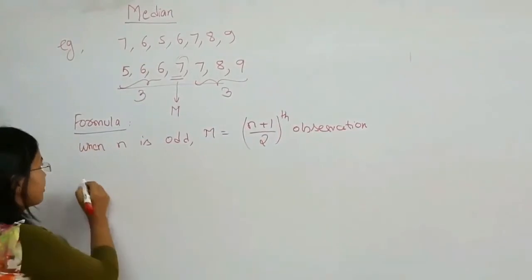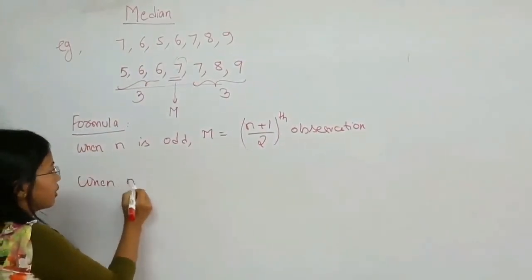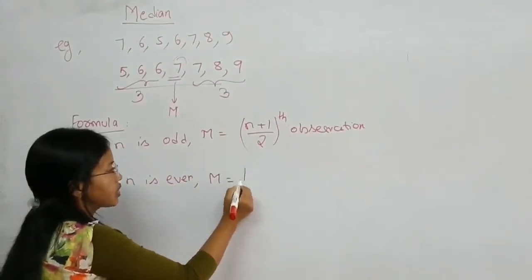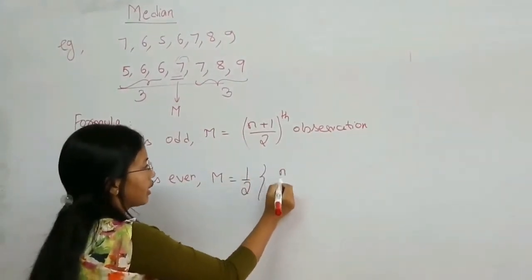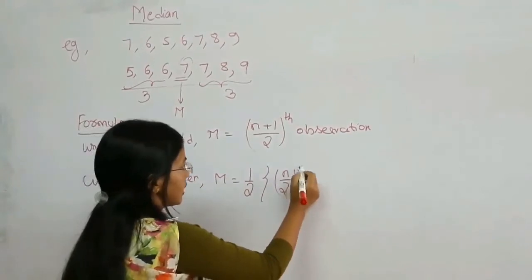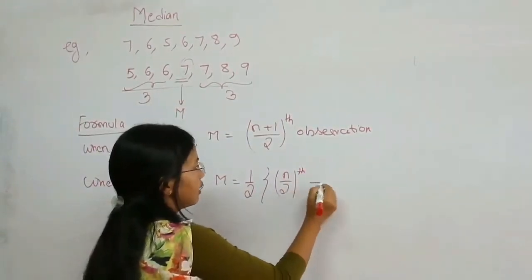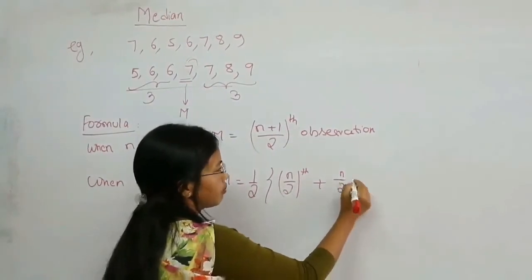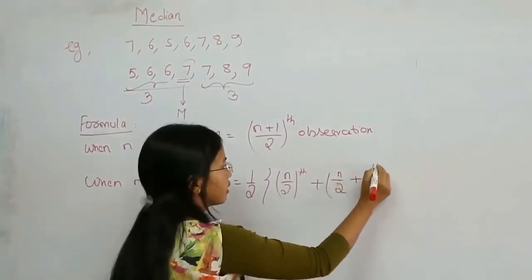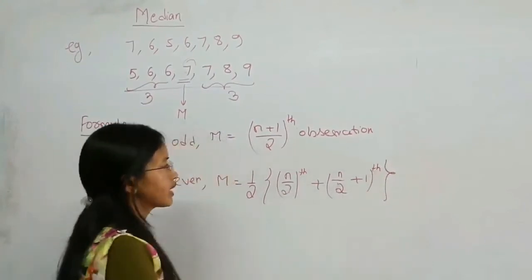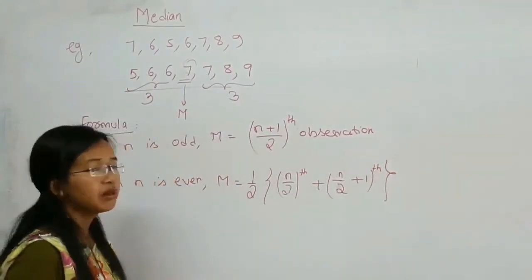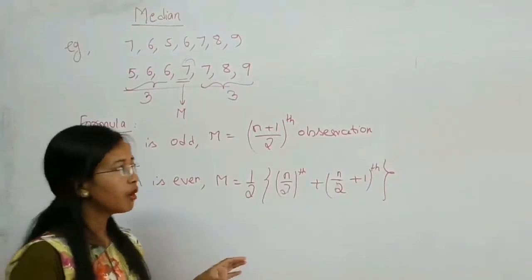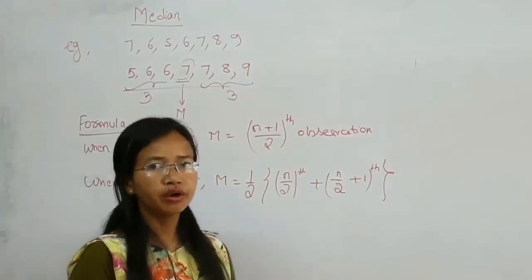And when n is even, our median will be the average of the n by 2 th observation and the (n by 2 plus 1) th observation. Taking the average of these two, you will get the median. So this is about finding the median for raw data.